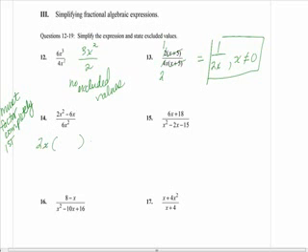Good. So that would become x minus 3, because if you were to undistribute a 2x, 2x times 3 would be 6x. Now the denominator doesn't change. We just rewrite it like that.